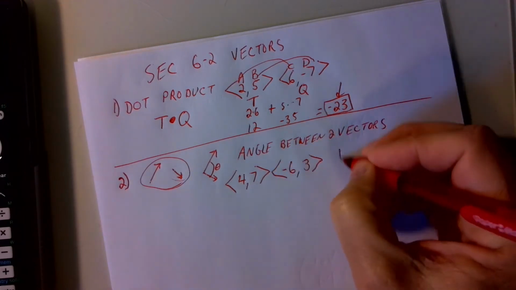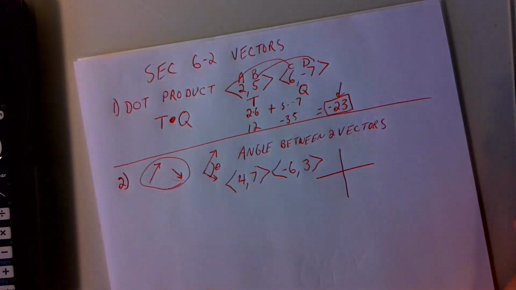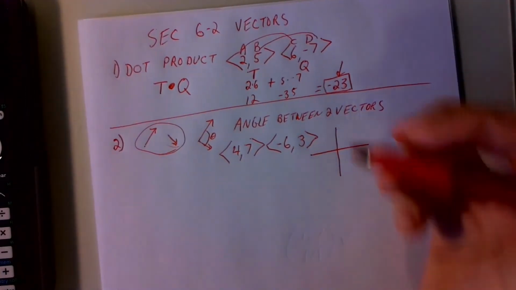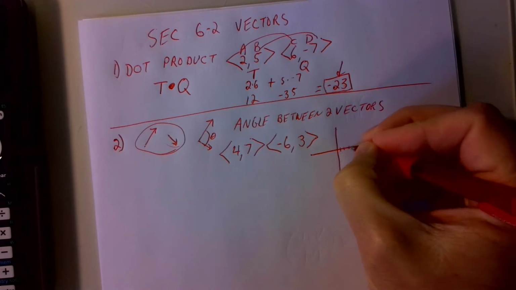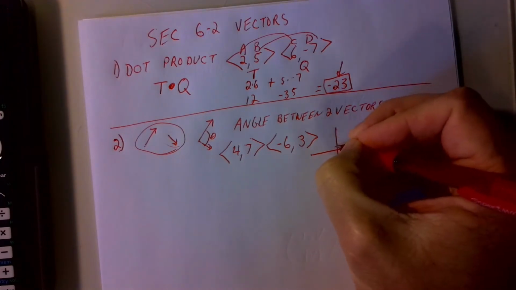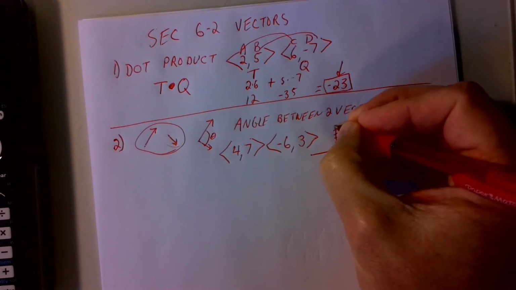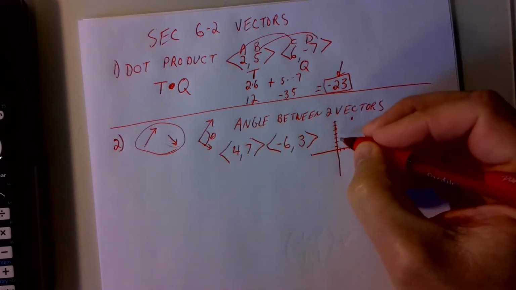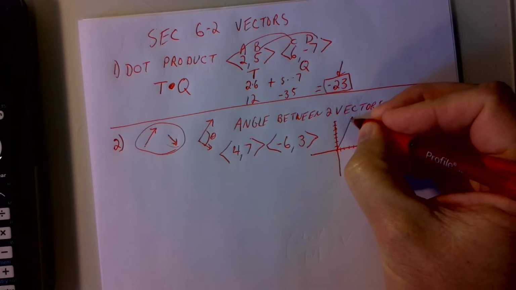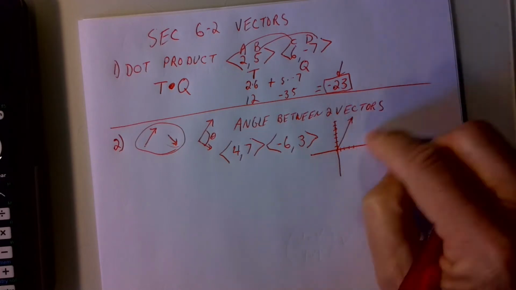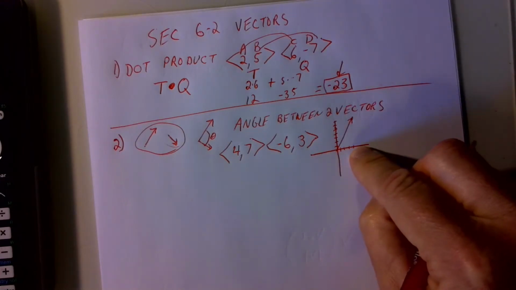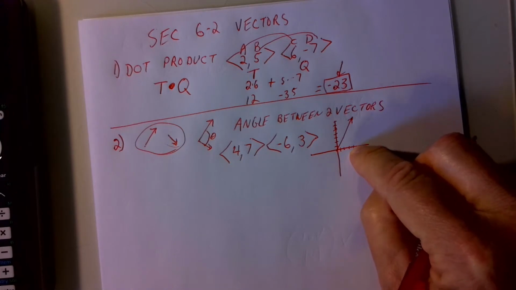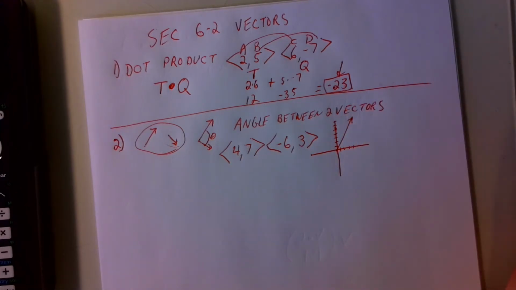And I'm going to kind of draw those out right here right now for you. So 4, 7 looks like this. 1, 2, 3, 4, and 1, 2, 3, 4, 5, 6, 7. 4, 7's right up there. Again, it has a horizontal component of 4 and a vertical component of 7.